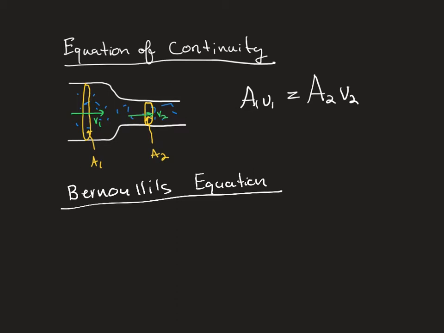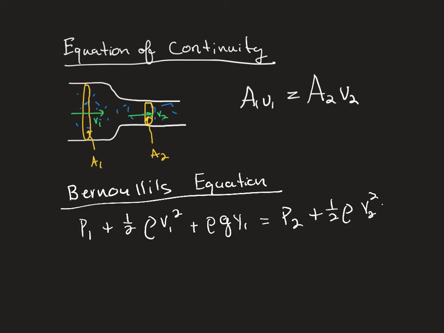So Bernoulli's equation says that P1, which is often atmospheric pressure, plus 1/2 rho V1 squared, where V here is the velocity, plus density of the fluid times g times height 1 is equal to P2 plus 1/2 times the density of the fluid times velocity 2 squared plus the density times g times height 2.